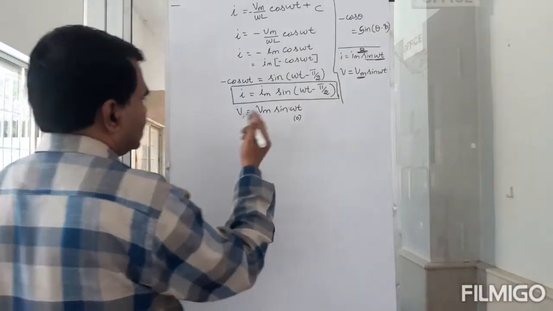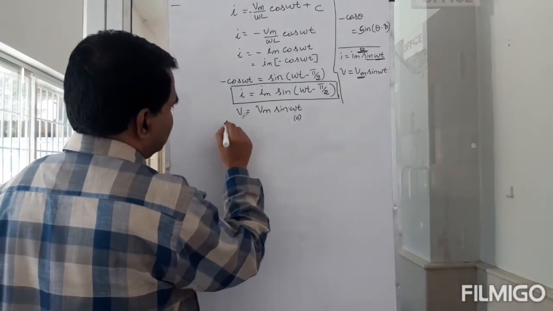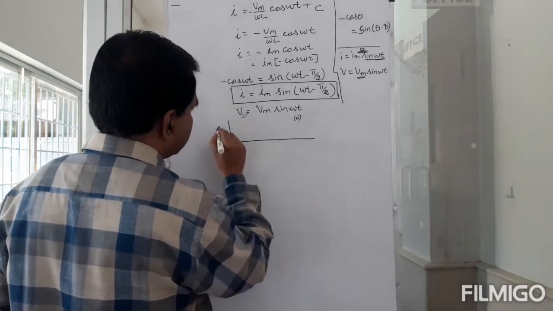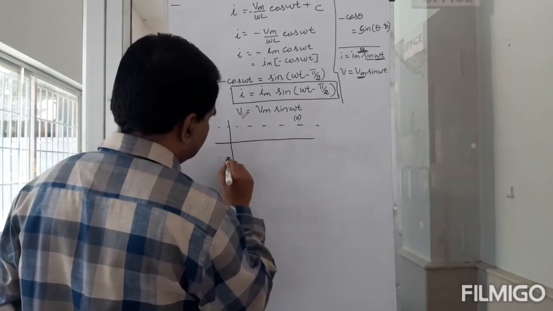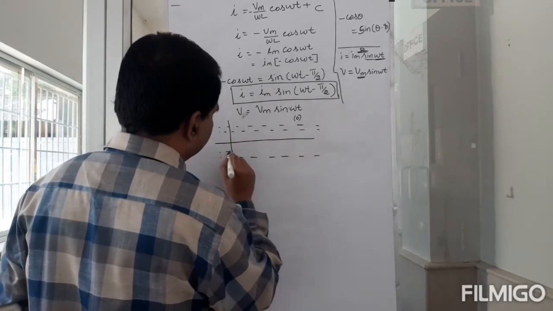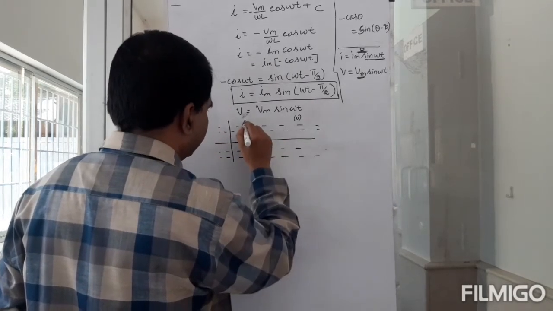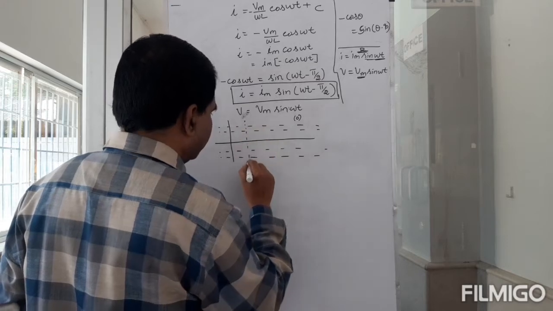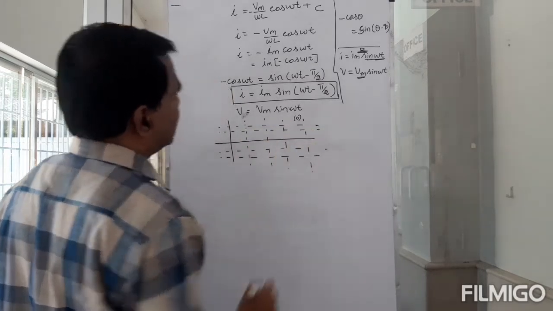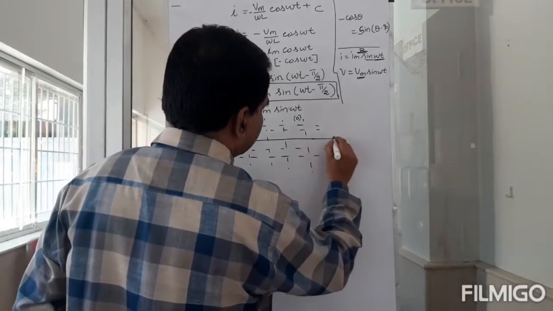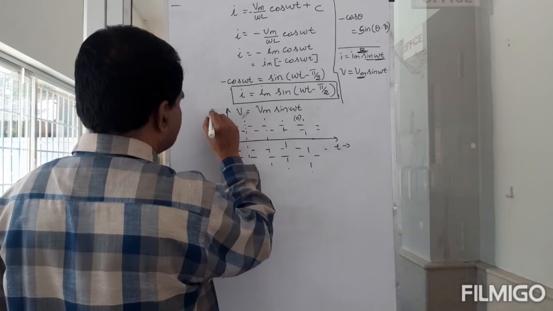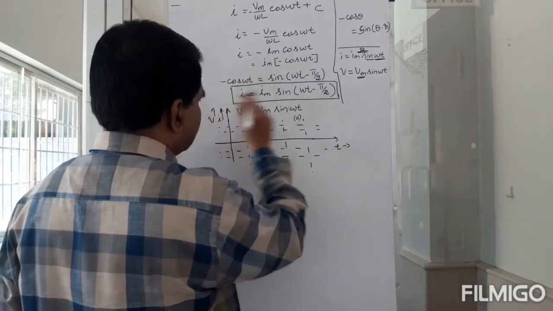I'm going to draw the graph now. This is my time axis, and this is the axis where I have voltage, and I will also mention current.